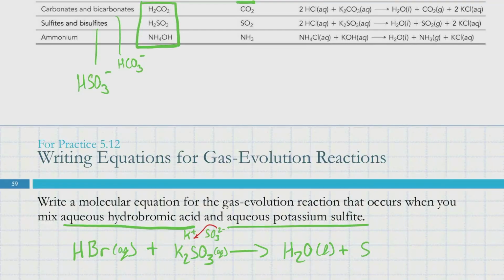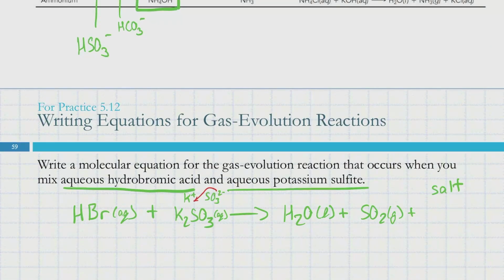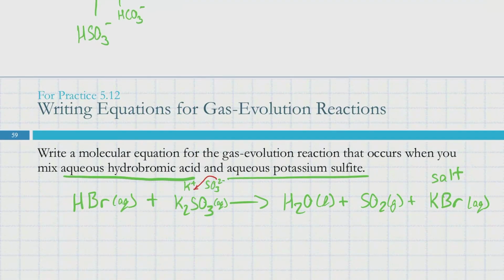We're also going to get SO2 as a gas, not a liquid. And we'll also get salt, which is KBr. That's got an alkali metal on it, so it's aqueous.